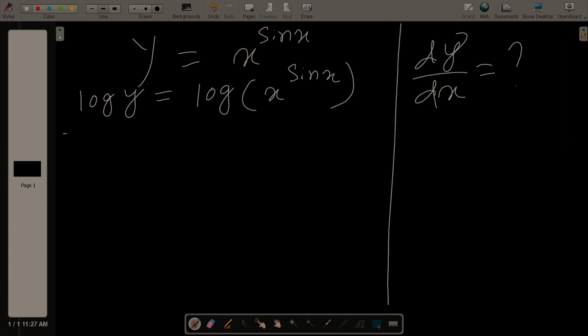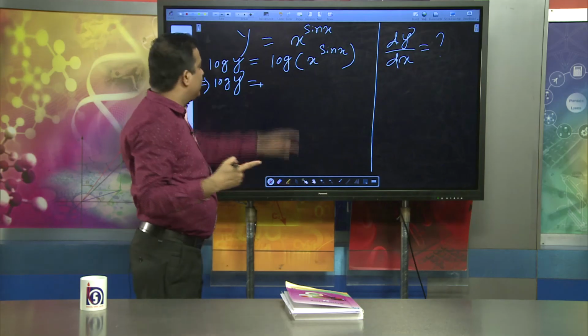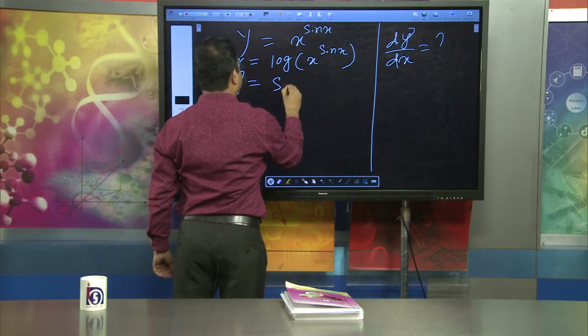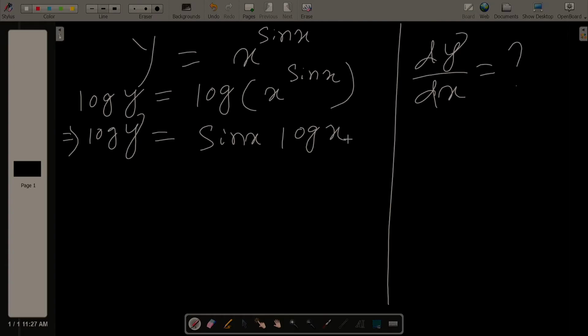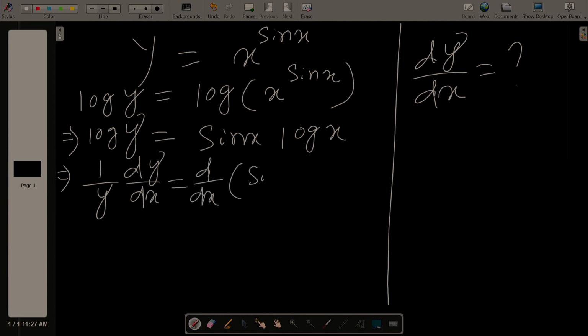Okay. You know that log y will be log x raised to the power m, suppose, then the value will be sin x into log x. Okay. Now, I will take the derivative on both sides. The derivative of log y, you know, is 1 by y into dy by dx, which is equal to the derivative of sin x into log x.